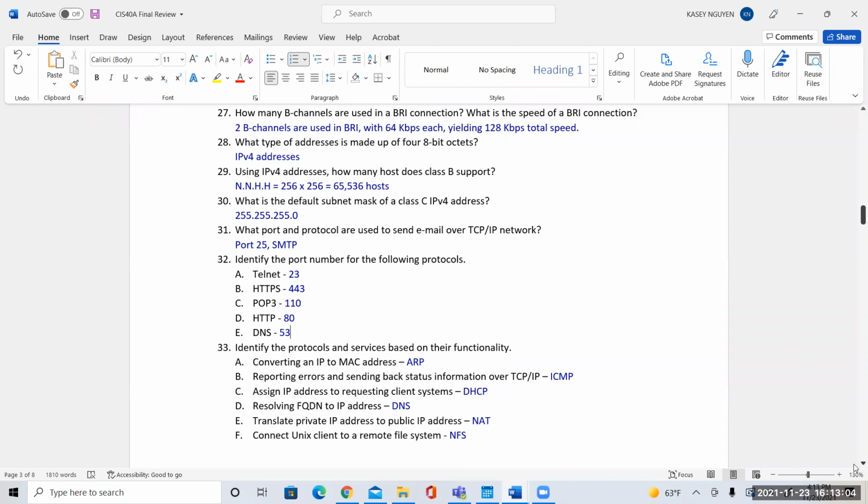Resolving a fully qualified domain name to an IP address, DNS, Domain Name Service. Translate private IP address to public IP address, NAT. Lastly, connect a Unix client to a remote file system, NFS. It exists in Unix and is now still used in Linux.